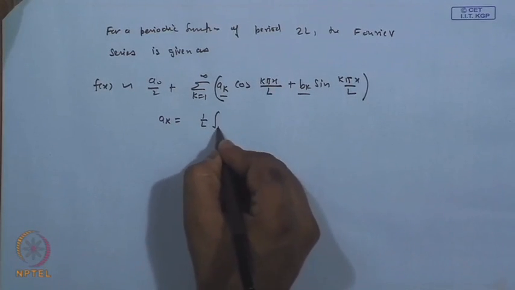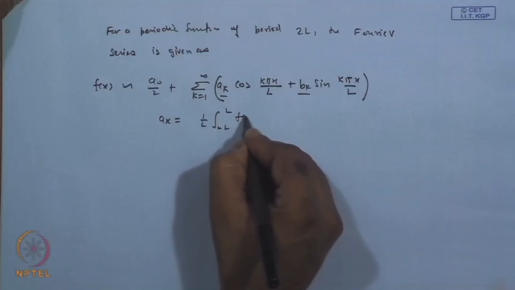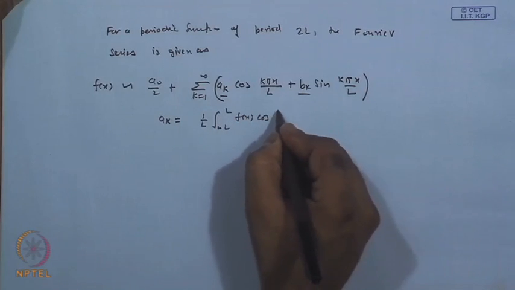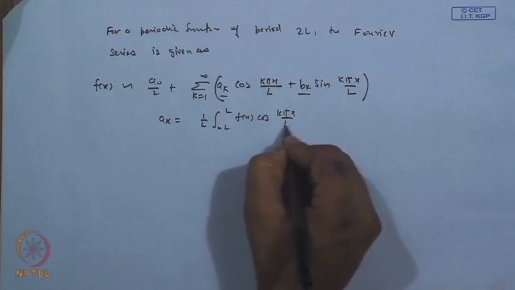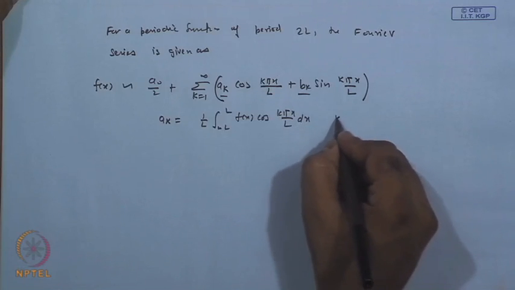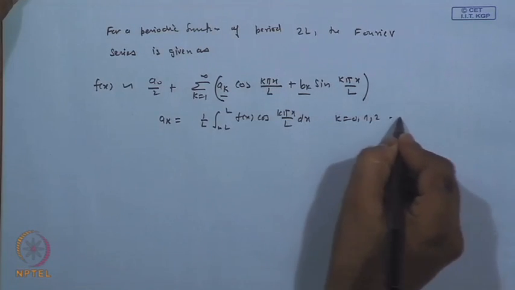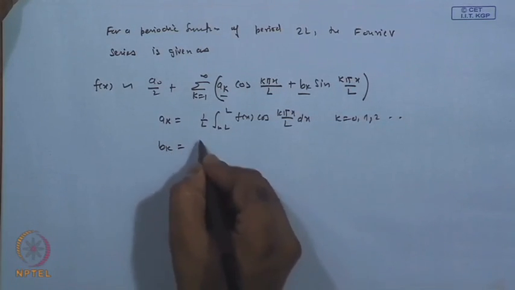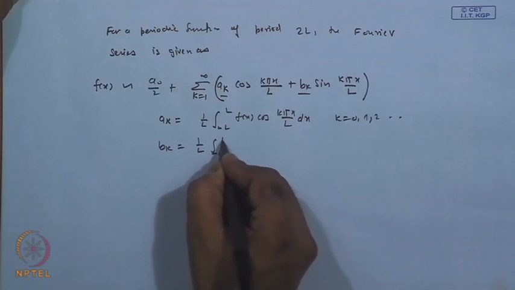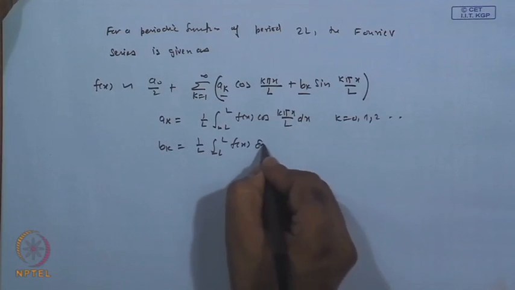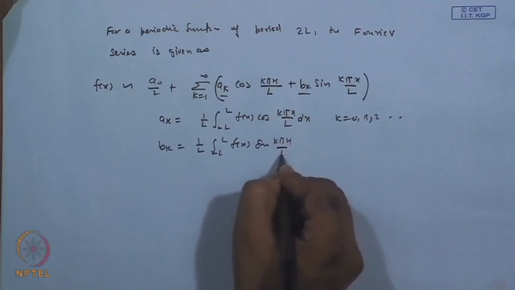So a k is 1 over L, integral from minus L to L of f(x) cos(k pi x over L) dx, for k = 0, 1, 2 and so on. b k was again 1 over L, integral from minus L to plus L of f(x) sin(k pi x over L) dx.